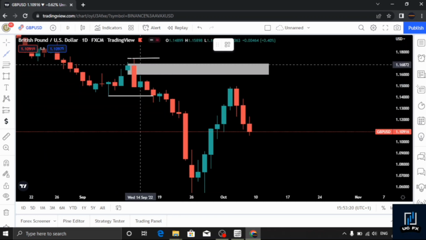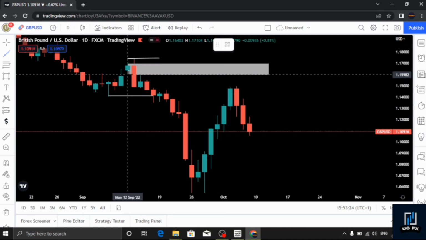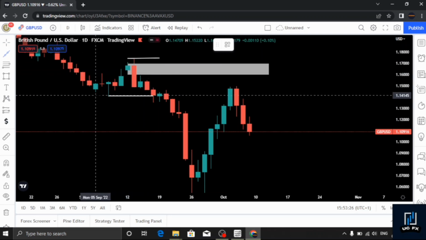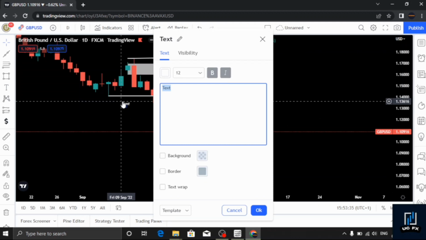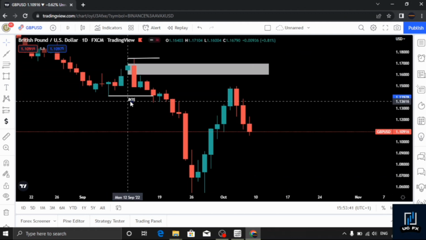So after seeing our order block and this break of structure, let's mark it out as BOS, that's break of structure. So this is our break of structure on the higher time frame.